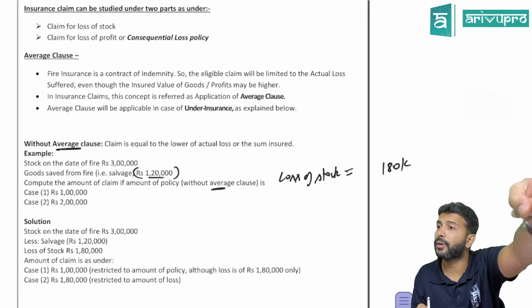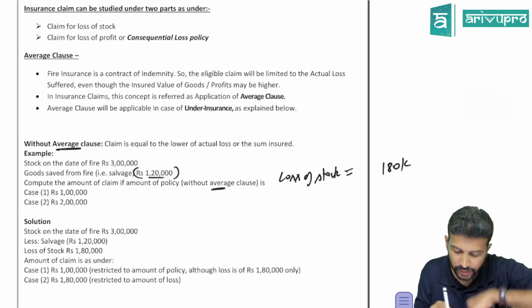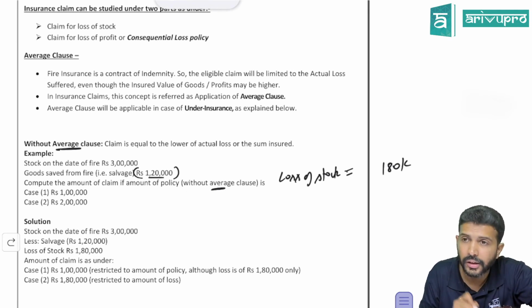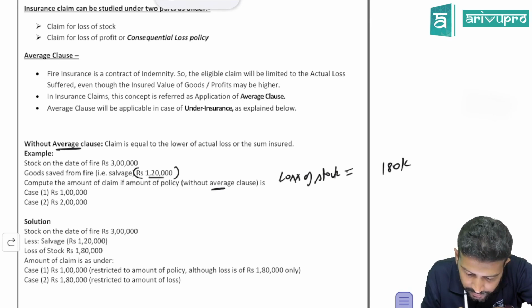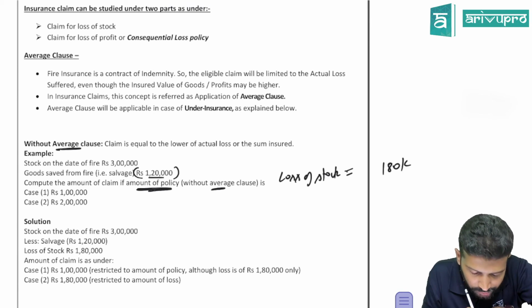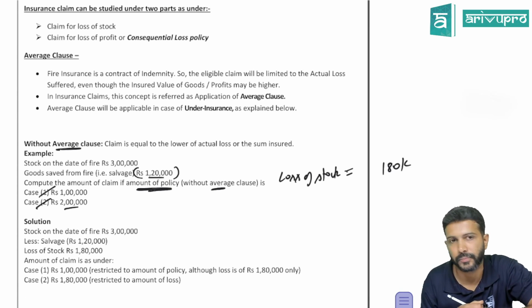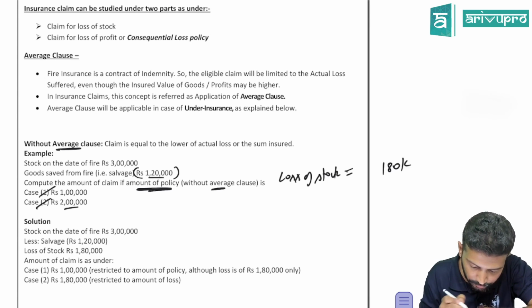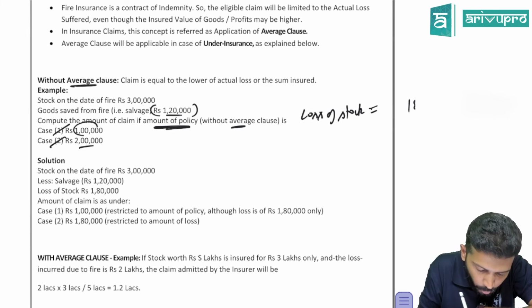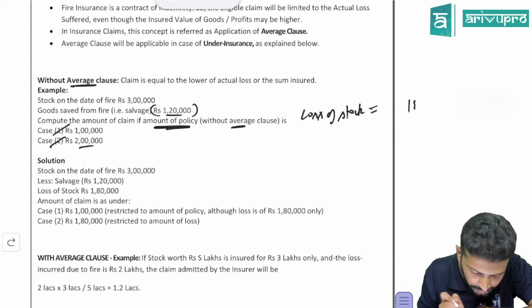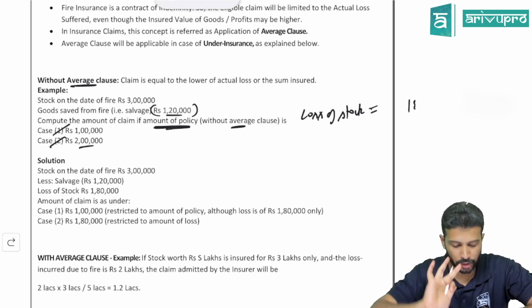Proportionate will only happen when there is an average clause. Here they're clearly saying this is without average clause. Calculate the amount of claim if the amount of policy in case 1 is 1 lakh, in case 2 is 2 lakh. In the first case, you have taken the policy for how much value, sir? 1 lakh. In the second case, you have taken it for 2 lakh rupees.